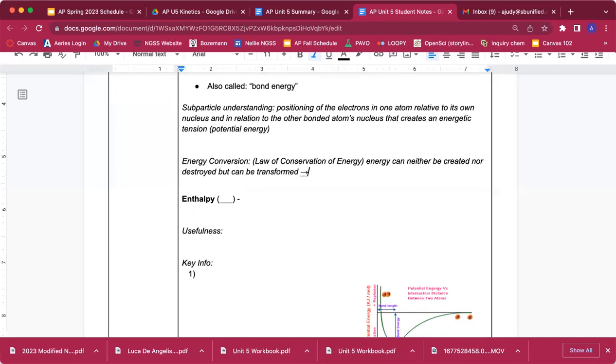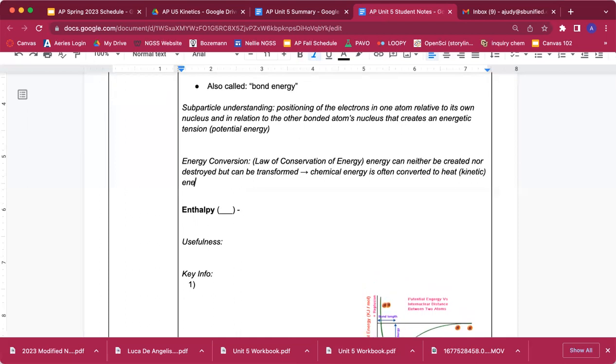So what does that mean for us in chemistry? The chemical energy stored in the bonds is often converted to heat or kinetic energy throughout a chemical process.